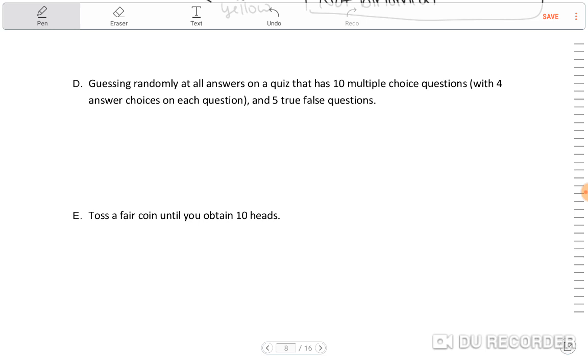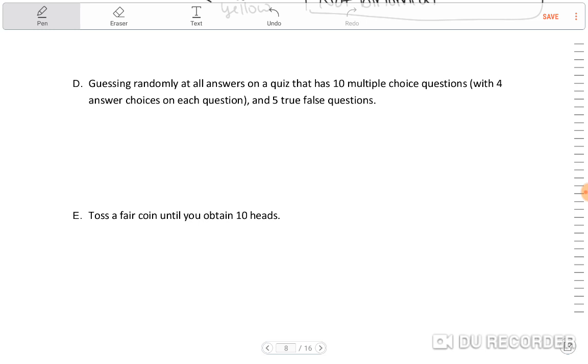That's where we run into a problem here, because it says 4 answer choices on each question, and 5 true-false questions. So, sorry, there were 15 questions on this test. 10 of them are multiple choice, 5 are true-false, which means that the probability of guessing correctly is going to be different on the ones that have 4 answer choices versus the ones that are true-false, right?